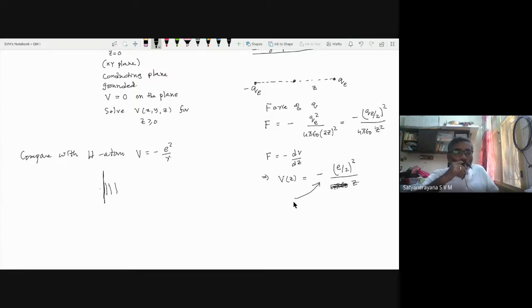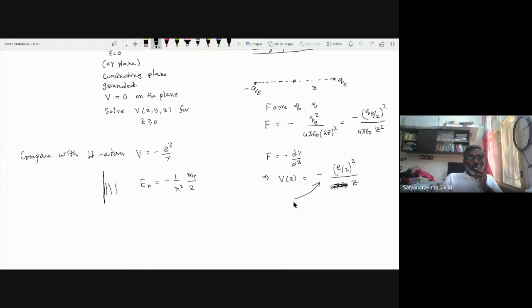So I'm going to use this hydrogen atom result. So I don't have to do much. All that I have to do is, for this problem, the energy levels are going to be equal to, of course, the bound charge and this charge will have the same mass. So this is equal to minus 1 by n square into, so I have mu, which is nothing but the mass of the electron divided by 2, me by 2, and then you have mu e to the power 4.